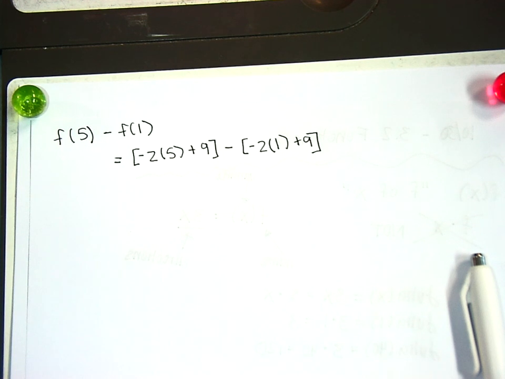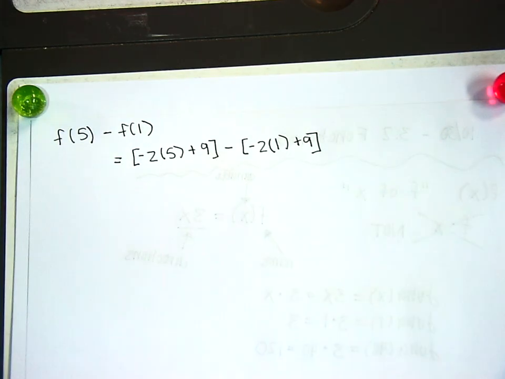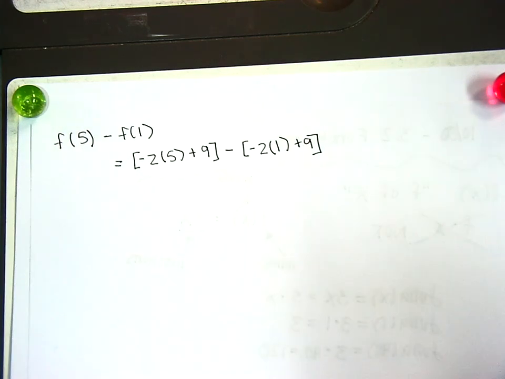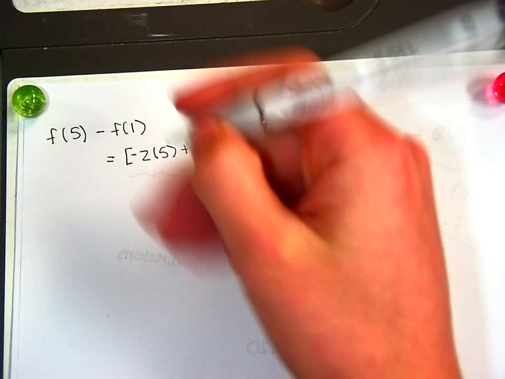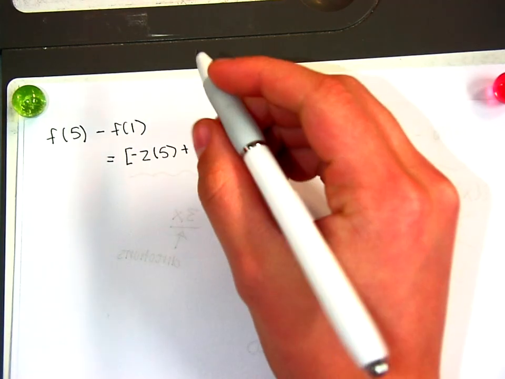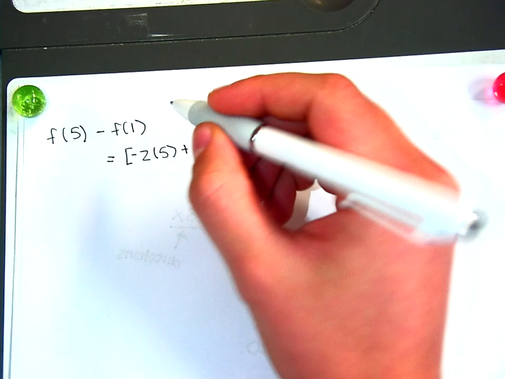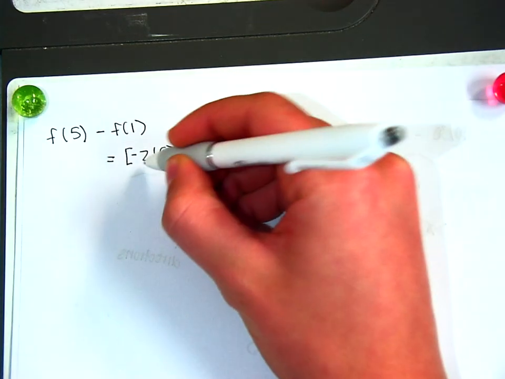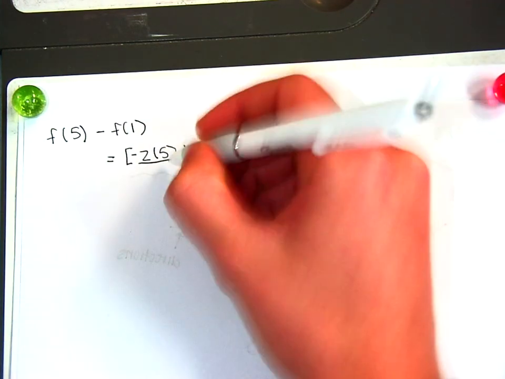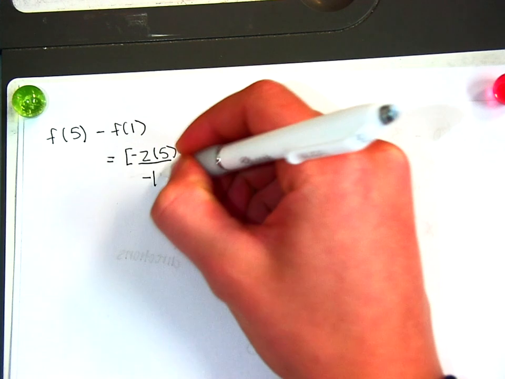Alright, do I start? Yep. So we're going to multiply negative 2 by 5, and we're going to get negative 10.